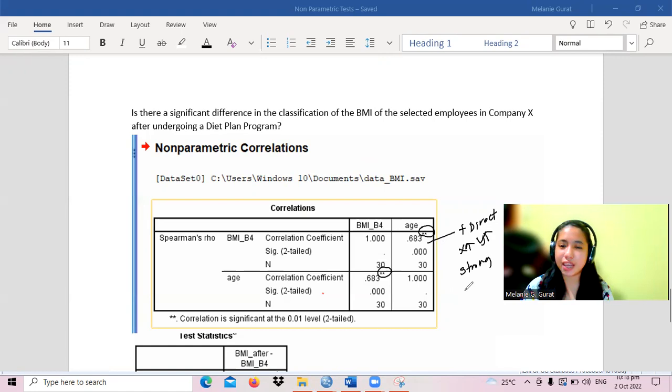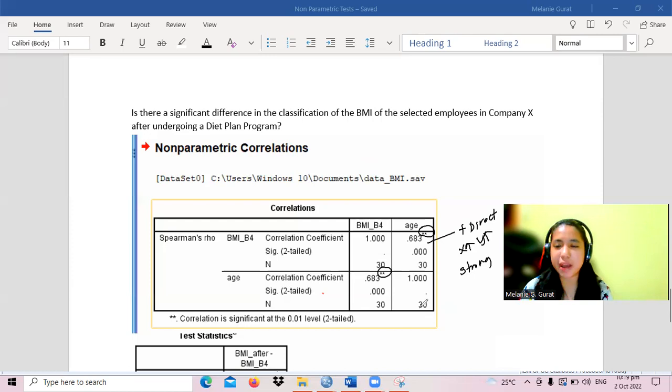When we say that as x increases, y increases, it means that those subjects with a high initial classification of BMI are those with older age.